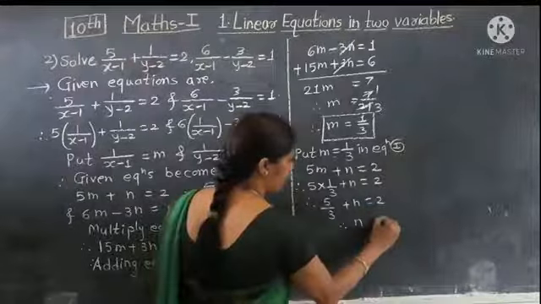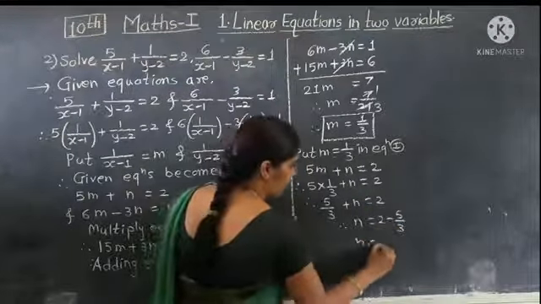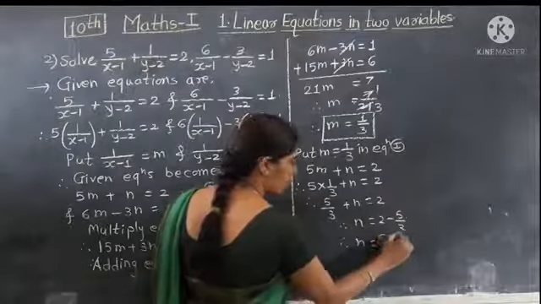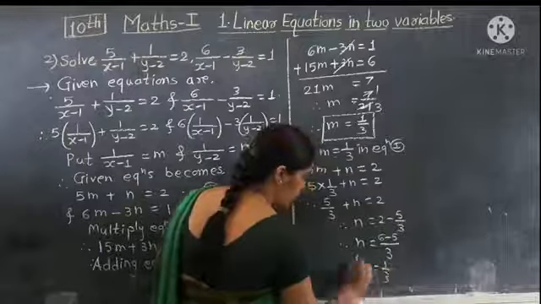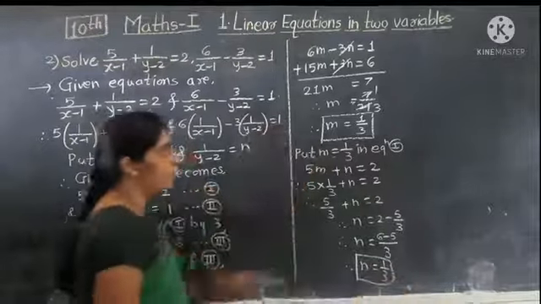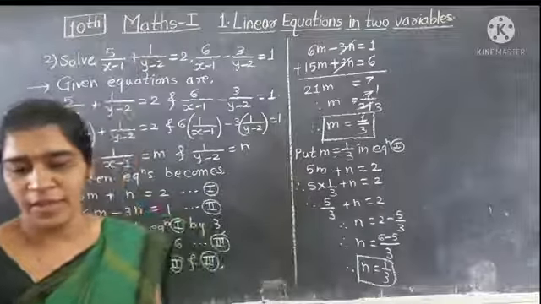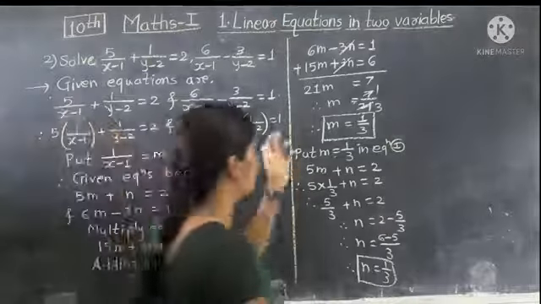Therefore we get n is equal to 2 minus 5 upon 3. And we get 3 as it is. 3 twos are 6 minus 5. Therefore we get n is equal to 1 upon 3. We get the value of m as 1 upon 3 and the value of n as also 1 upon 3. Now put the value of m and n.